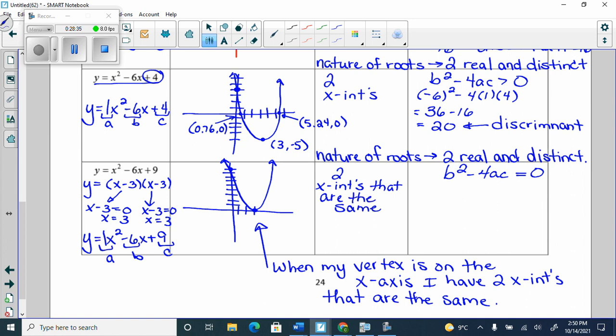When you add a 0 and you subtract a 0, you literally just get the same answer twice. So I'm going to fill it in. My discriminant is negative 6 squared minus 4 times 1 times 9, which is 36 minus 36, which is 0. And that answer 0 is the what? The discriminant.